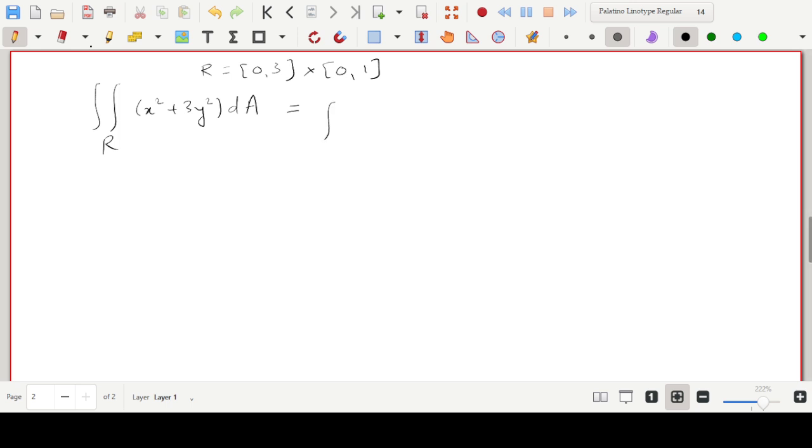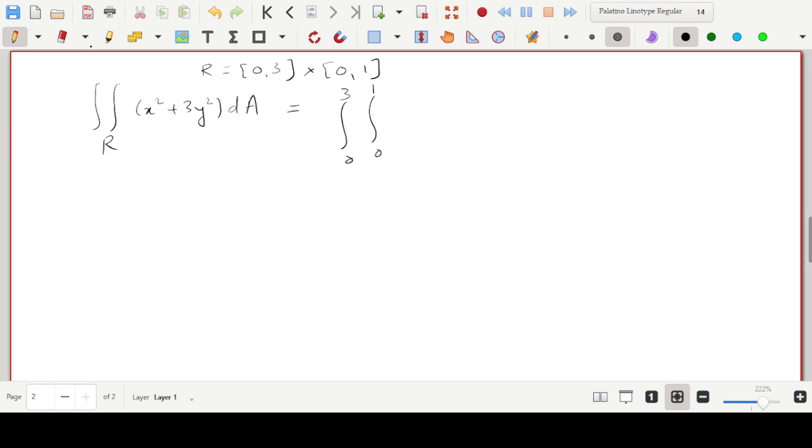Now here the values of a and b are 0 to 3. This is x, so we shall be integrating with respect to x in the end. Before that we shall integrate with respect to y, so the integration with respect to y comes inside.